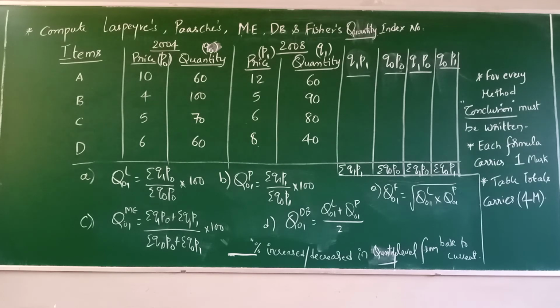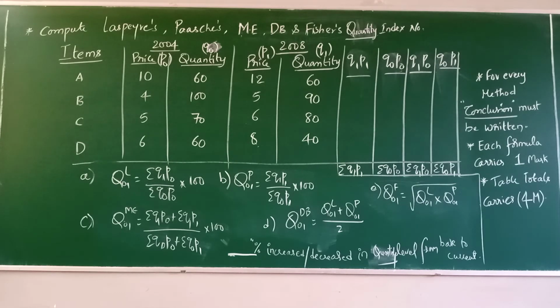For quantity Laspeyres, base year prices are the weights of the Laspeyres method. Base year prices are the weights assigned to quantity Laspeyres, and for Paasche's, current year prices. For Paasche's quantity index number, current year prices are the weights assigned.